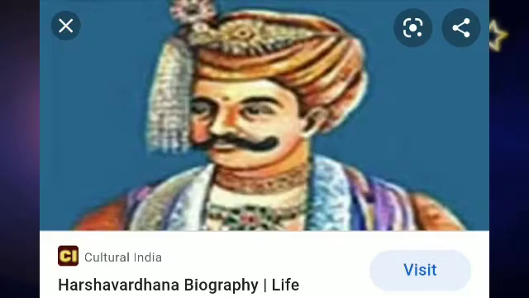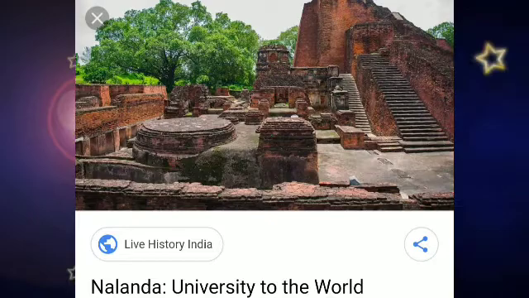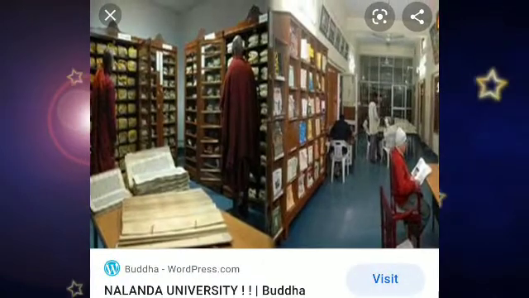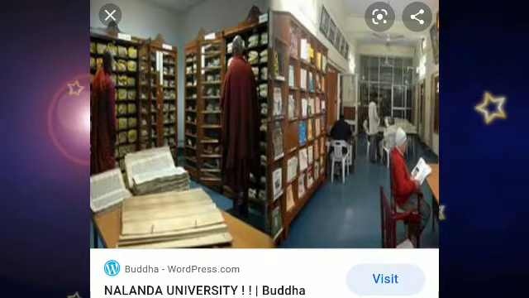According to the description of Yuan Chwang, Nalanda University could accommodate thousands of students. The library stocked thousands of books. Students seeking admission to the university had to appear for an examination at the entrance gate.